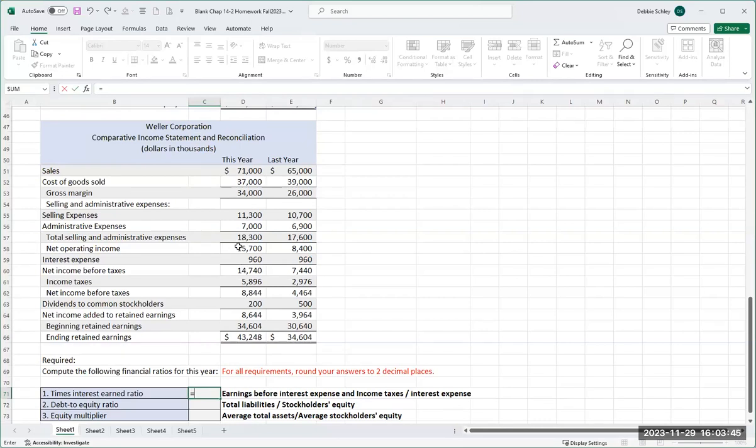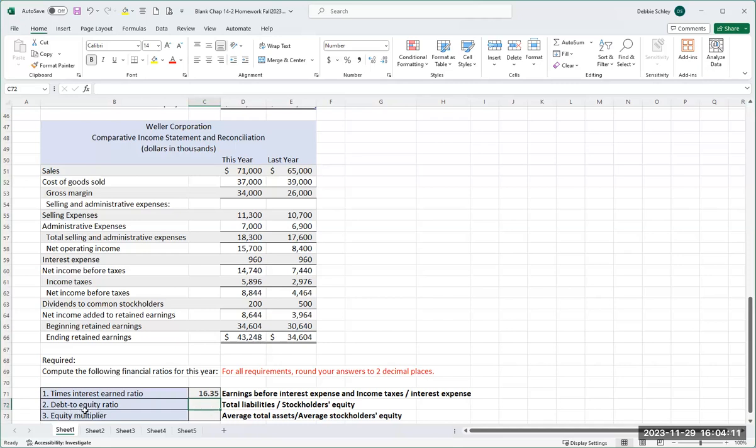Nope, it's this one. So it's before interest expense and before income taxes. So it's the net operating income just above interest expense divided by interest expense. Okay, so there's my times interest earned ratio rounded to 2 decimal places.